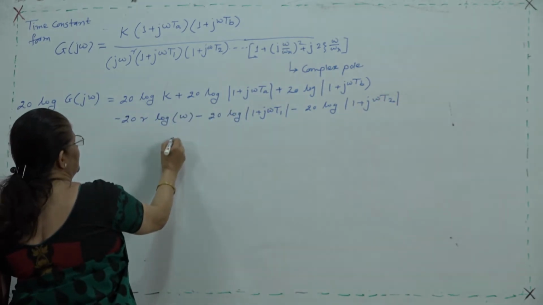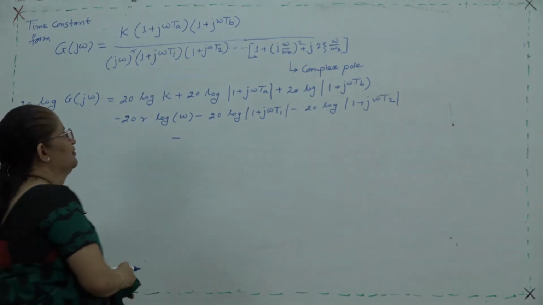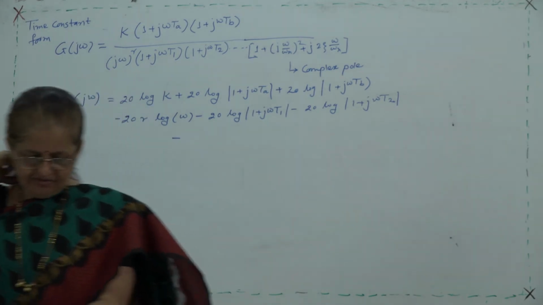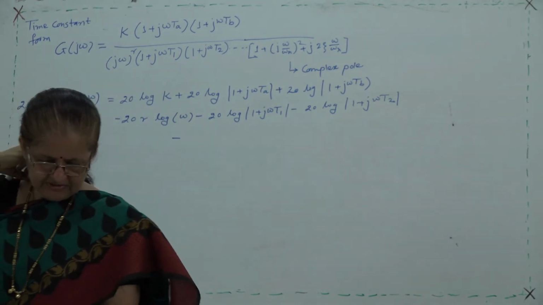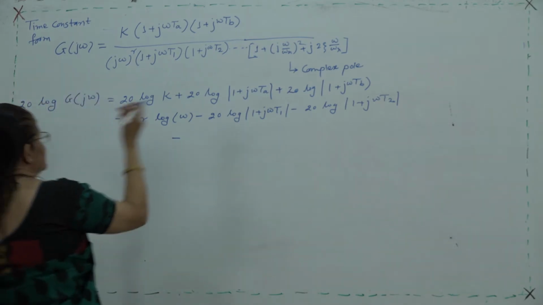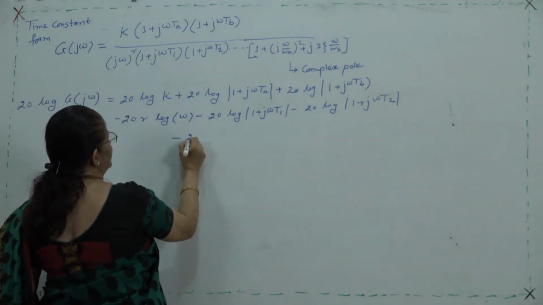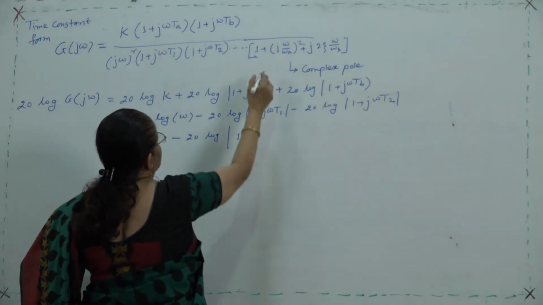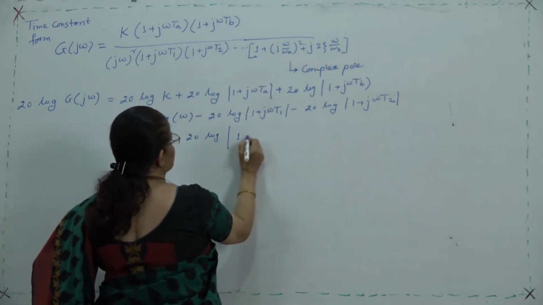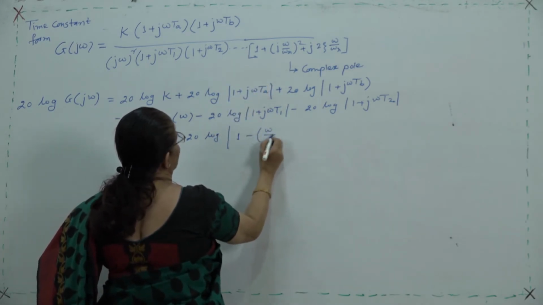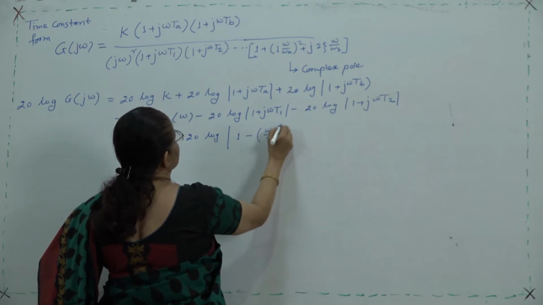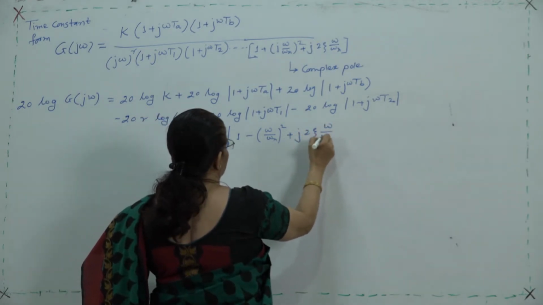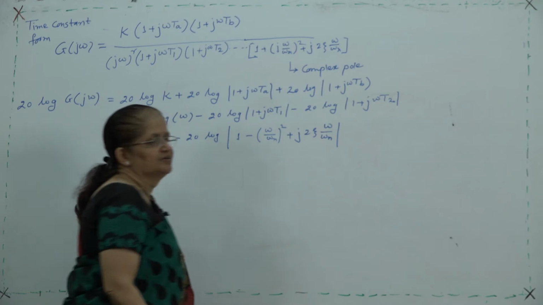Now, the complex term, minus. So, what you will get here? The term which we are considering, 20 log of that we have to consider. So, just now we will write whatever is here as it is, that is 20 log of 1 minus omega upon omega n bracket square plus j 2 zeta omega upon omega n, its absolute value.